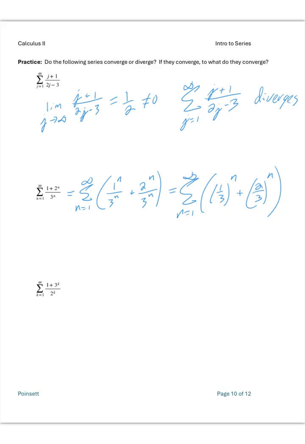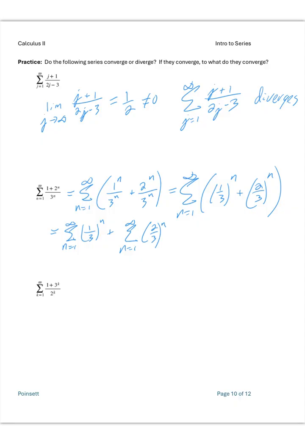And since these individually would be geometric series that have a common ratio of absolute value less than 1, we know that each of those individually would converge, meaning we can split this up. So we have the sum as n goes from 1 to infinity of (1/3) to the nth power plus the sum as n goes from 1 to infinity of (2/3) to the nth power.